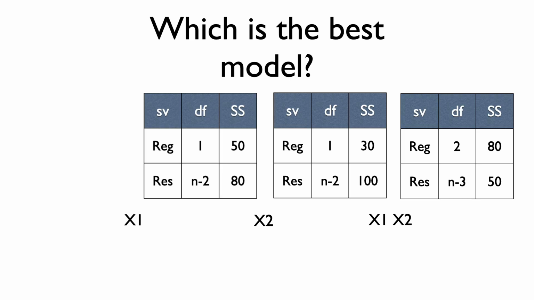Now the model x1, x2, ooh, 8/13, 80 out of 130. But remember, because it's got two variables, this is now a plane. This isn't just a straight line, this is a plane. It's a little more complicated.